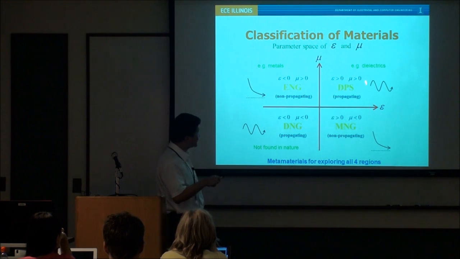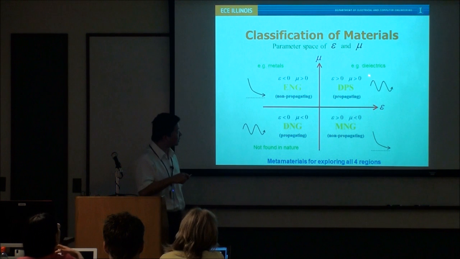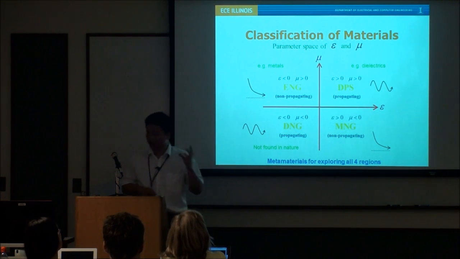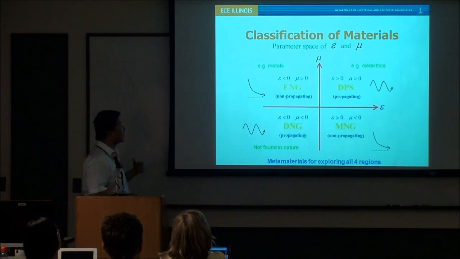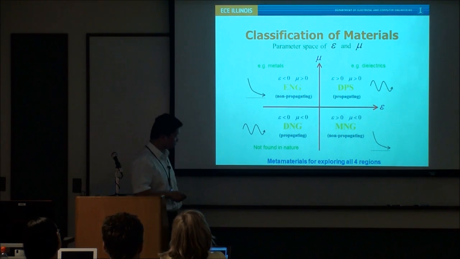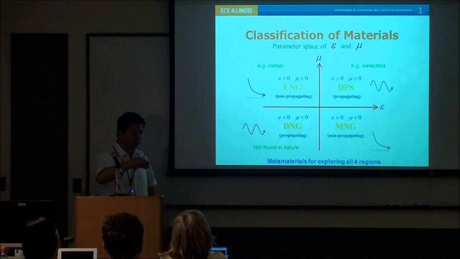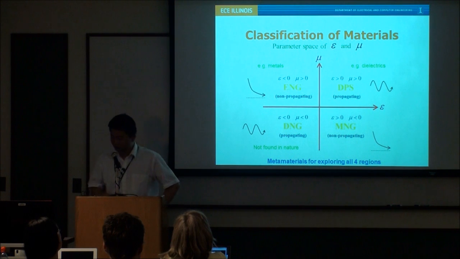So that is a material called a double positive material, and all natural dielectric materials are double positive, or DPS, materials. If you have electromagnetic waves propagating in that kind of material, you will see a propagating wave with very little loss or attenuation.